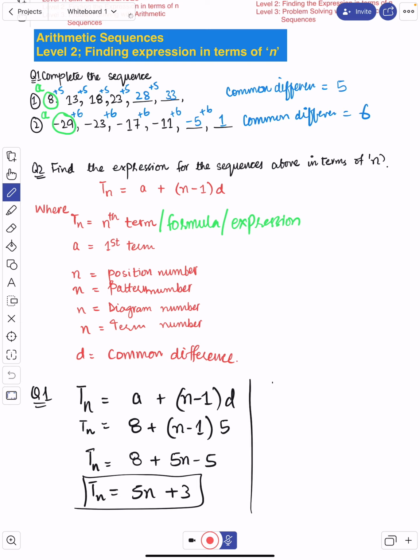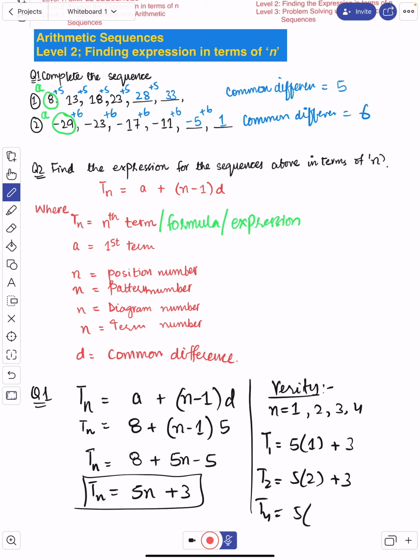You can just verify your answer very easily when you input n is equals to 1 or 2 or 3 or 4, the different term numbers. Let's see what's happening here. T1 is giving you 5 times 1 plus 3. T2 is giving you 5 times 2 plus 3, and T4 is giving you 5 times 4 plus 3.